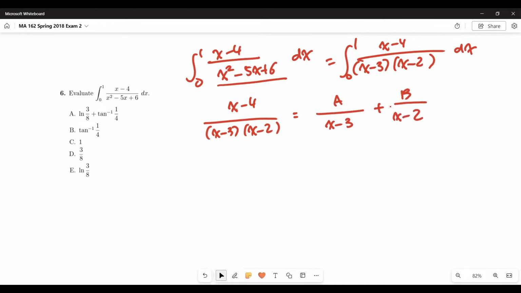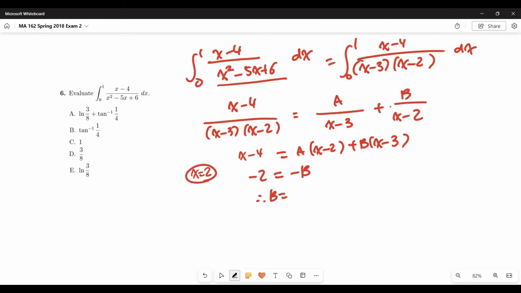You want to get rid of the denominators, so you multiply x minus 3, x minus 2 on both sides. Then this just becomes x minus 4 equals a times x minus 2 plus b times x minus 3. Then we're going to plug in values of x to find the values of a and b. Plugging in x equals 2, this becomes negative 2 equals negative b, so b is equal to 2.